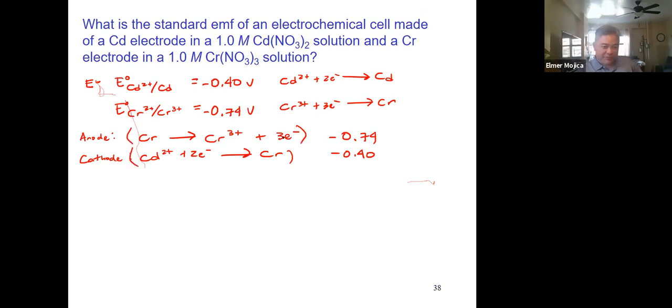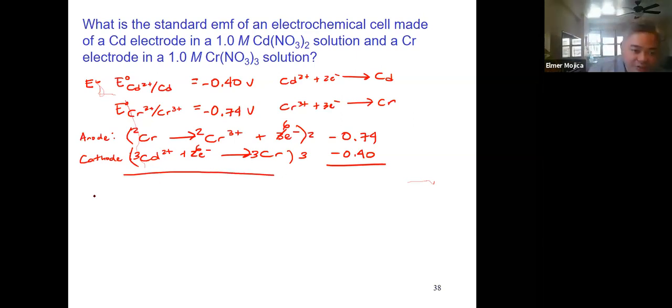Why do I say I changed the value? I have 3 electrons here. I have only 2. So I multiply this by 2. I multiply this by 3. I end up getting 6 here and 2 of this. And then I have 3 here and 3 here. But I'm not going to change anything here. So the overall reaction that we have here is 2 chromium plus 3 cadmium 2 plus producing 2 chromium 3 plus plus 3 cadmium.